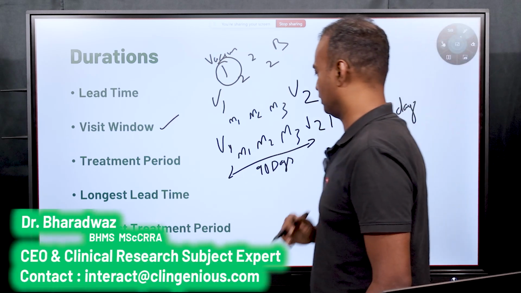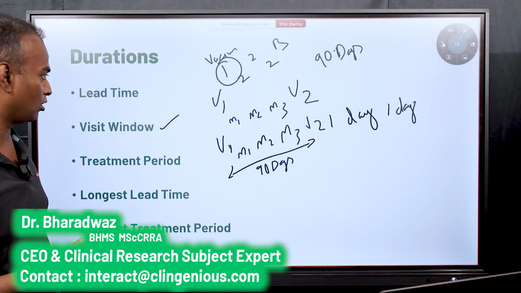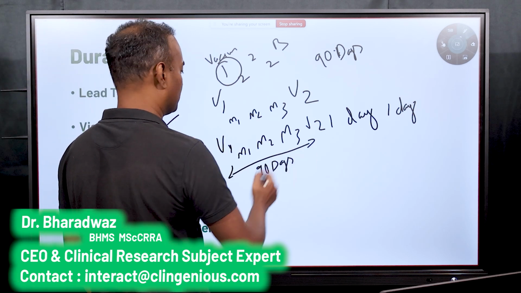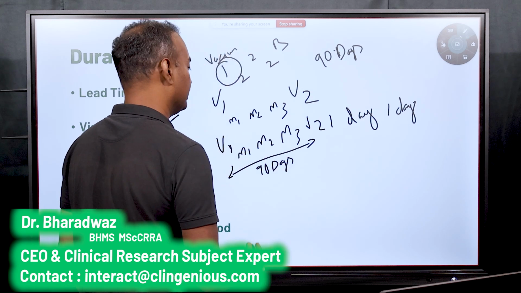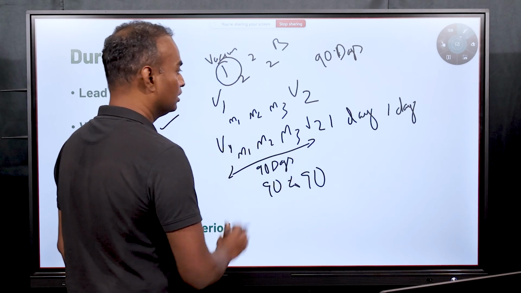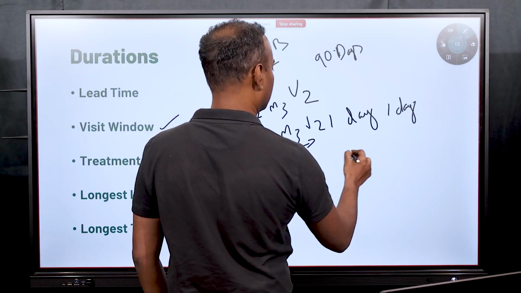Now think that it is a diabetic trial. Diabetic means you have diabetes, or sugar, as it is normally known. If the visits are 3 months apart, month 1, month 2, and month 3, diabetic tablets have to be taken every day. So in 90 days they have to take 90 tablets. For the diabetic trial, the treatment period becomes 90 days.